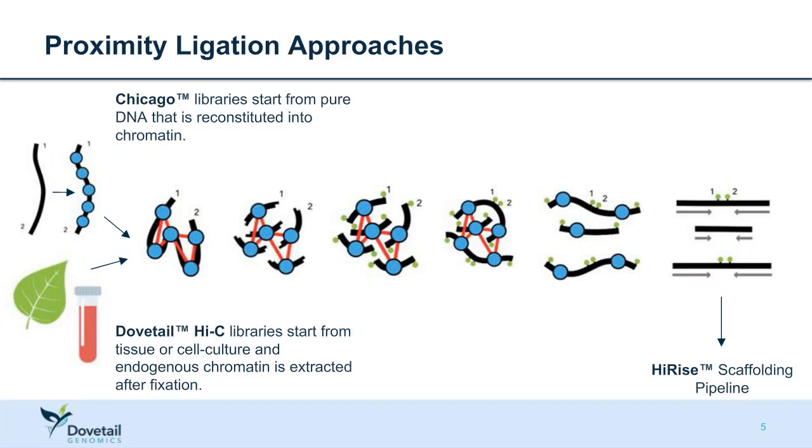What this means, as you can see from this illustration, is that points 1 and 2, which were previously very distant in the DNA, are now brought together into close proximity. So this is the key part of this proximity ligation approach.